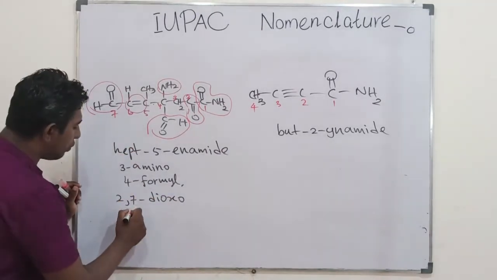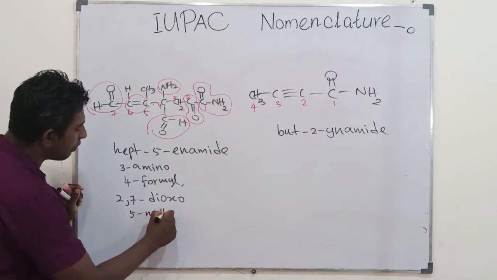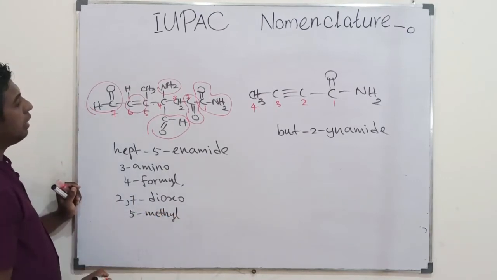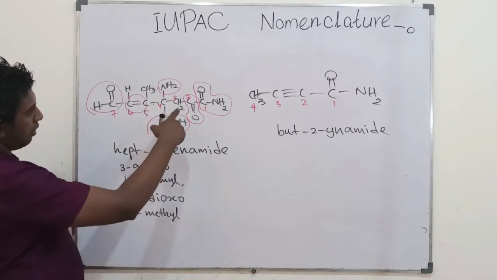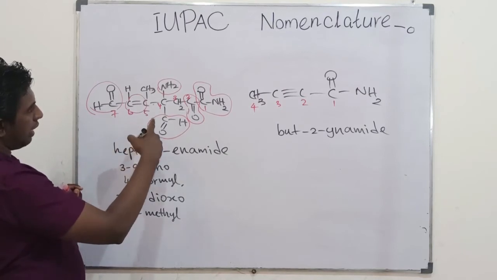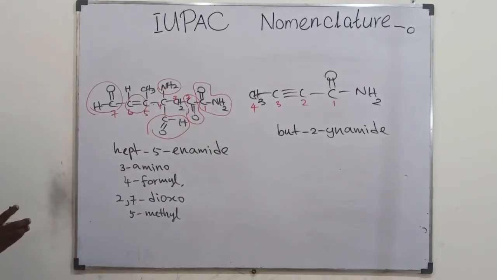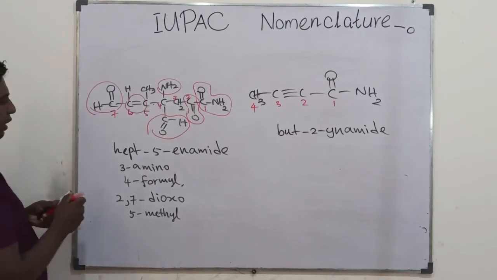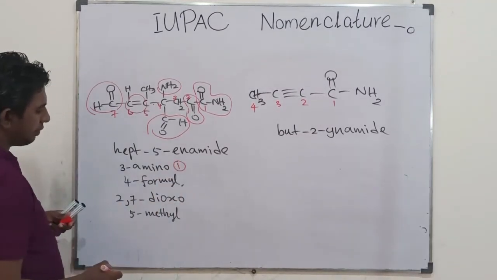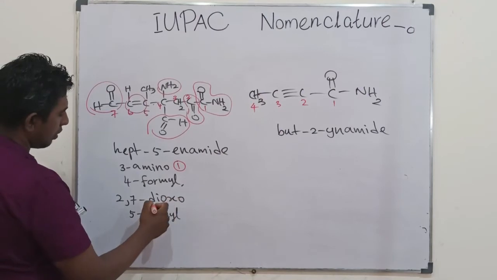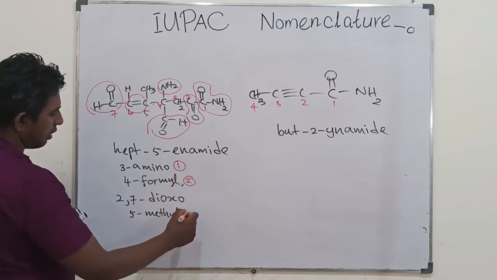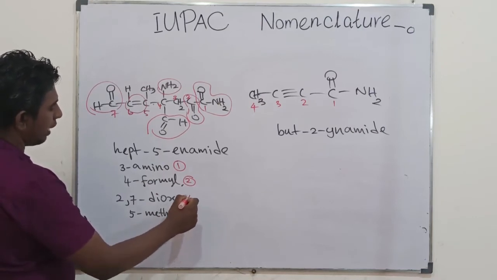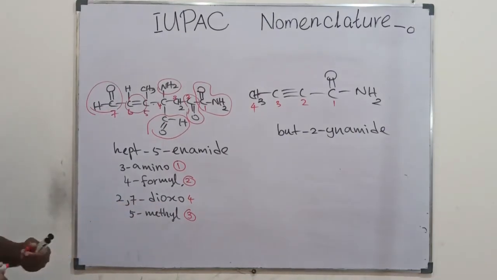Then you have 5-methyl. What else do you have? Amino, formyl, methyl, oxo. That's all you have. So students, A of amino comes first in the alphabet. Then you have F, then M, and last O. Though it is dioxo, we take O there.